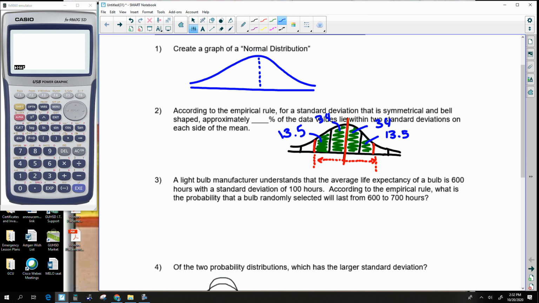So what percentage lies within that range? Well, that'd be 13.5, 34, 34, and 13.5. And this adds up to be, I believe, 95. So 95% of the data falls within 2 standard deviations of the mean.